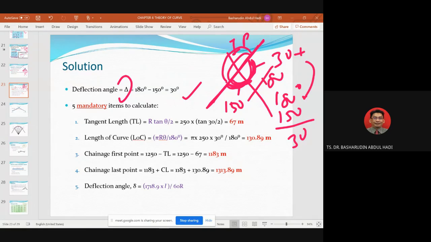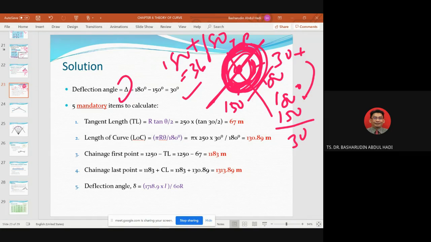For example, also like this, here also 180 degree. When you combine 100 plus 80 degree plus 180 degree, you get 360 degree. It is one circle, and this is the center point.